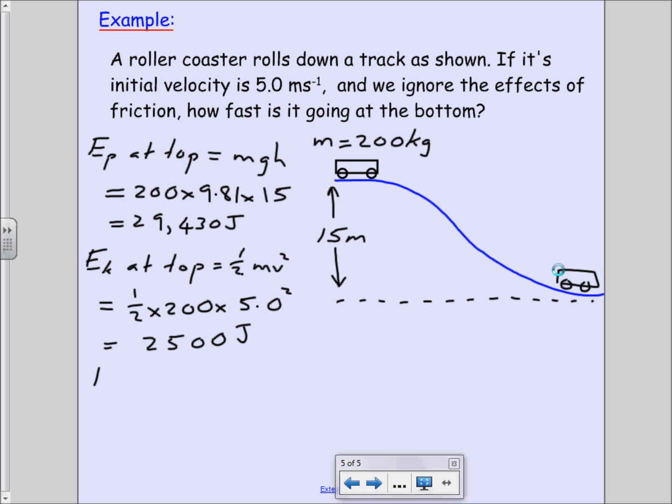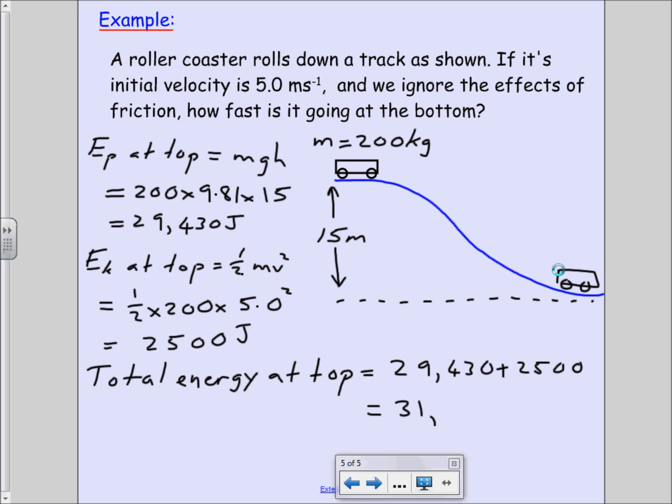Total energy at top is going to be those two numbers added together, 29430 plus 2500, 31930.